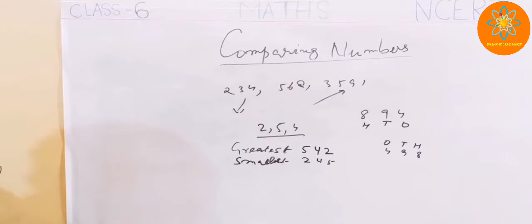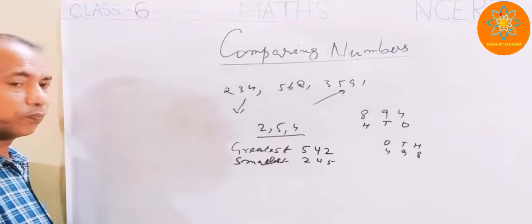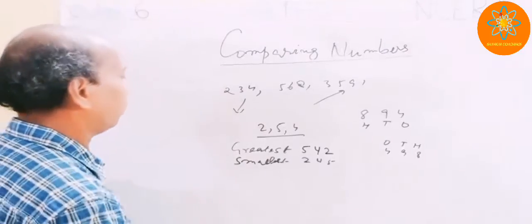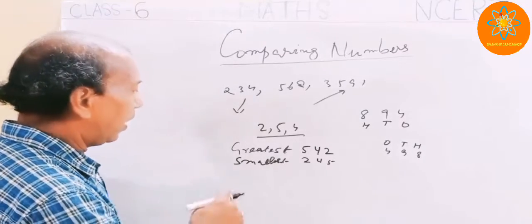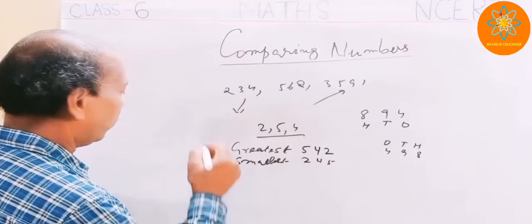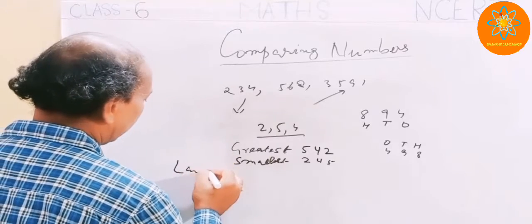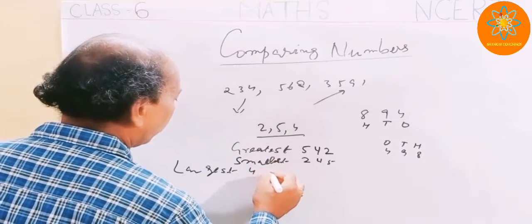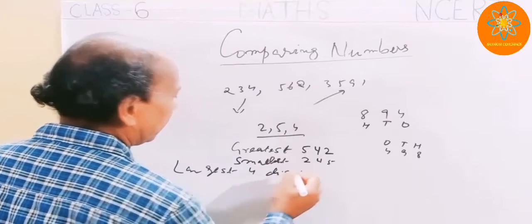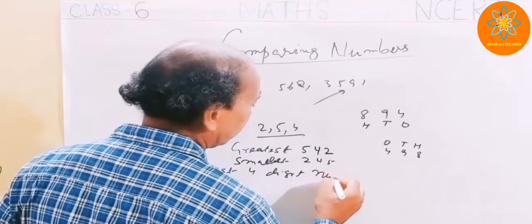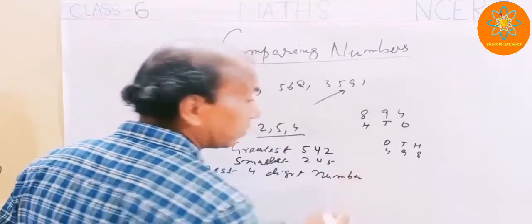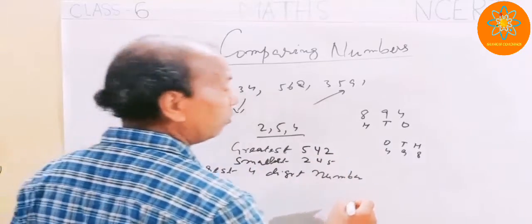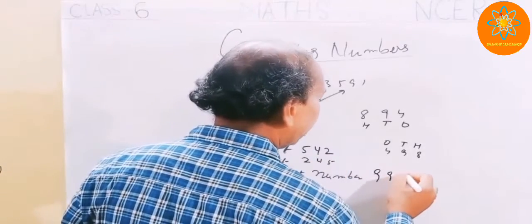Now suppose I ask you what is the largest 4-digit number? The largest 4-digit number will be 9999.